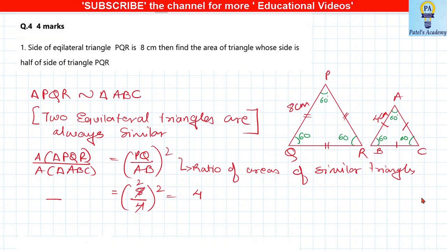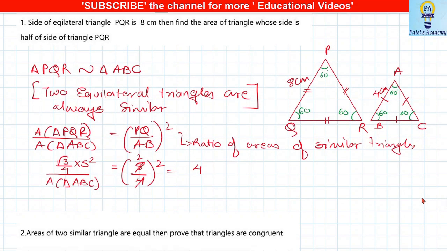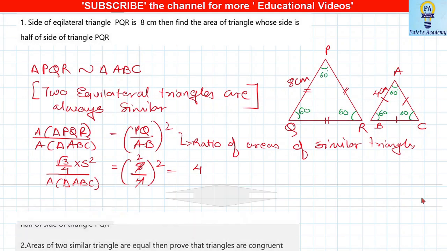Now let us write down the formula for area of equilateral triangle. Okay, so the formula for area of equilateral triangle is √3 upon 4 into side square, upon area of triangle ABC. That is what you have to find out.